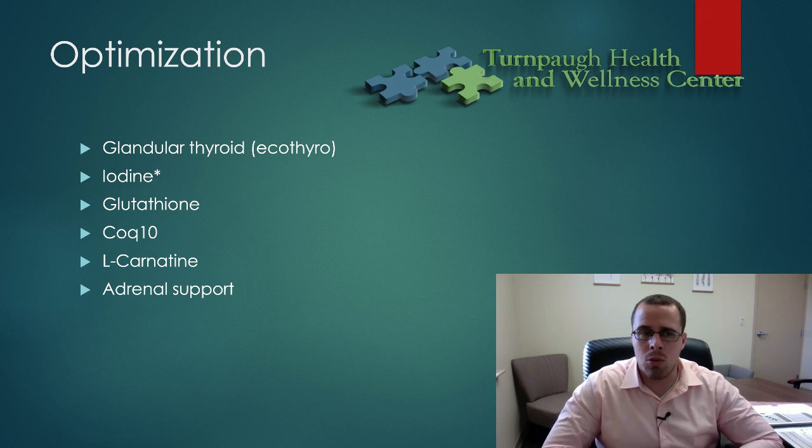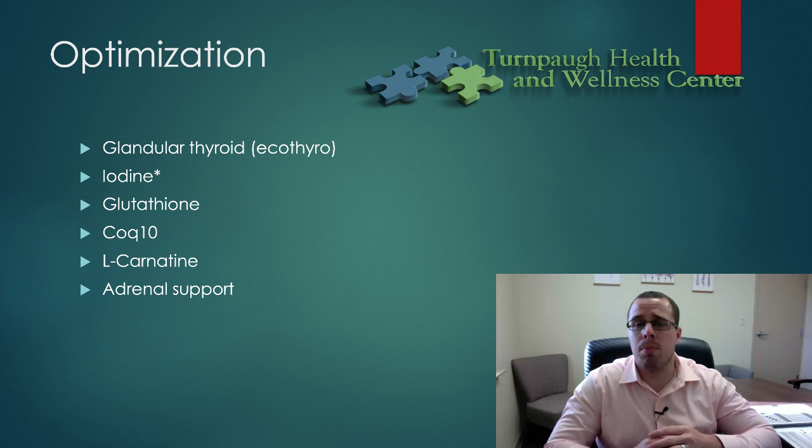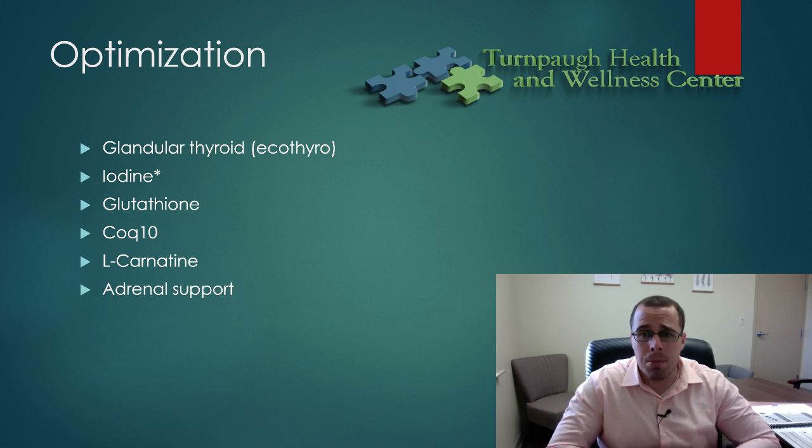So if you're someone who's having these symptoms or want to take a deeper look into your thyroid, start with that basal metabolic or the axillary temperature and get some blood work done.